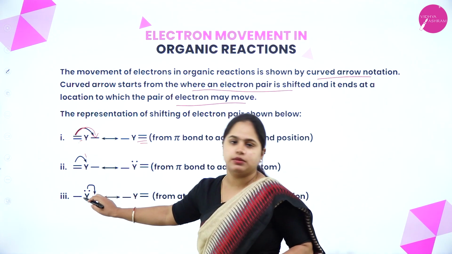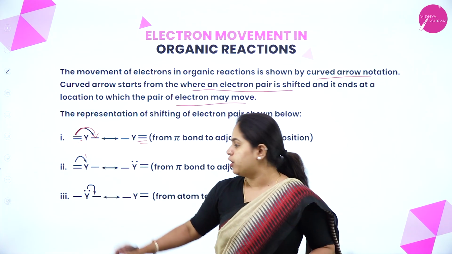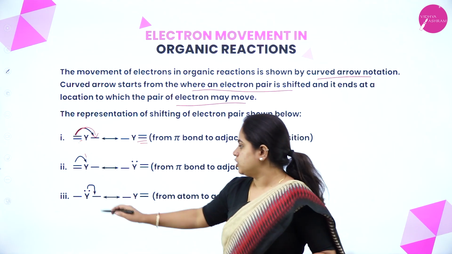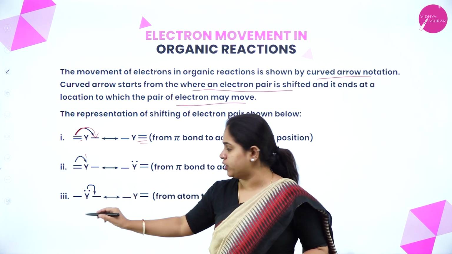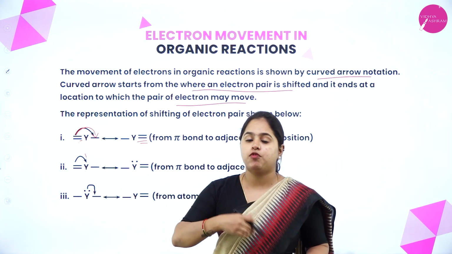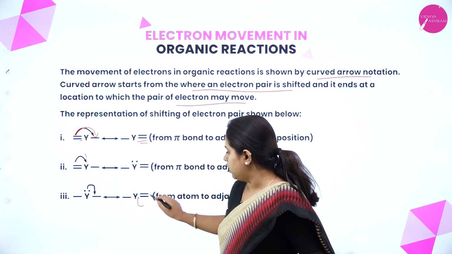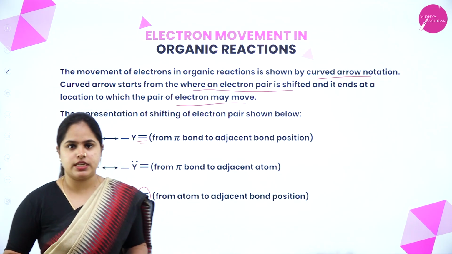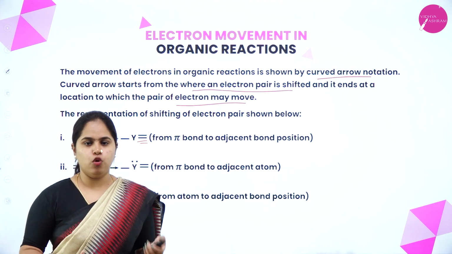The atom has a lone pair, and from the atom it is going to the adjacent bond position. So now a pair of electrons is going to this position, which means it will form one more bond. This becomes a double bond then. These are a few examples of the electron movement.